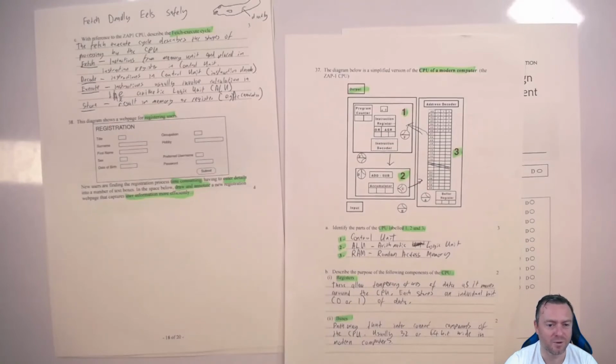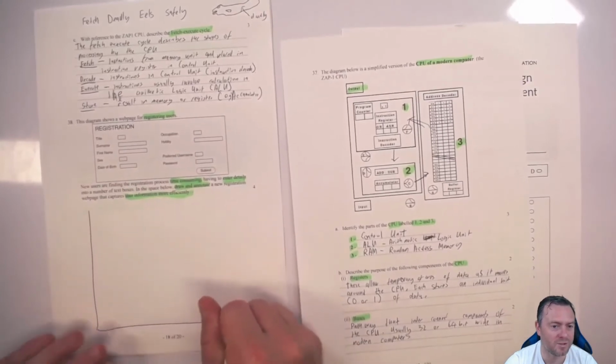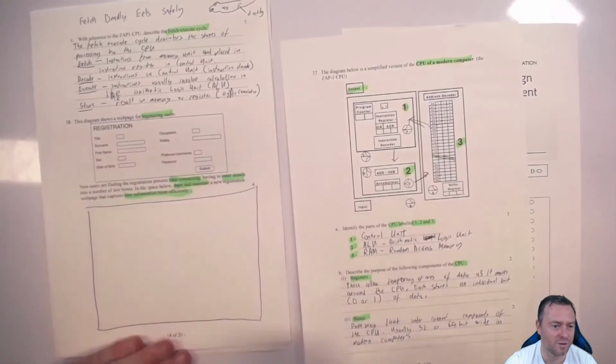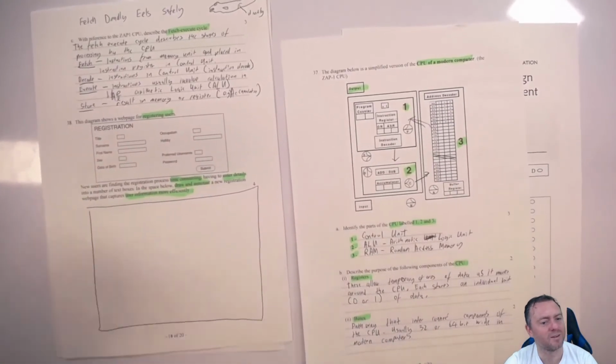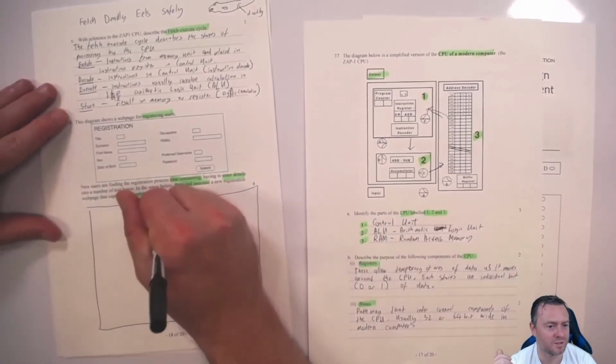The password, probably need to have two different password checks just to verify that the password was typed in correctly. For occupation and hobbies, you might want to have multiple options. You might want to have a drop-down box because there's a certain set of options that you're looking for from the person. And in the date of birth, you might want to look at the calendar options. So when you click on it, it comes up with a whole heap of different choices. Okay.